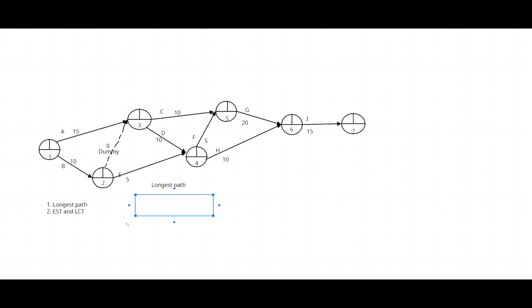Just consider each activity duration: A15, D10, F5, G20, I15. Another path, again via A, D, H, I. Total duration is 15, 25, 35, 50.